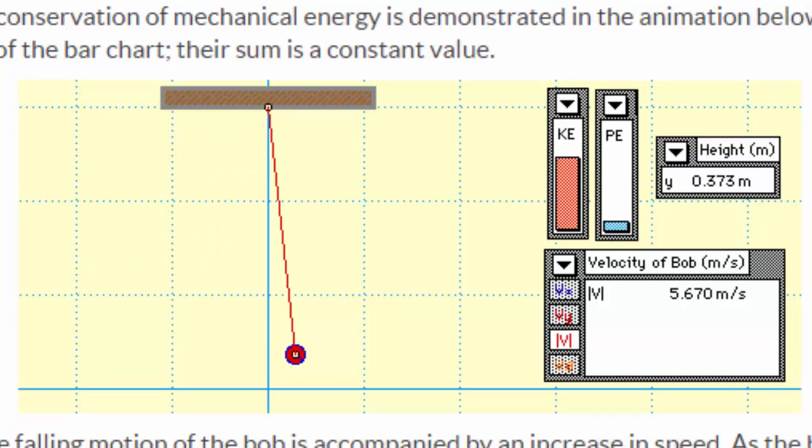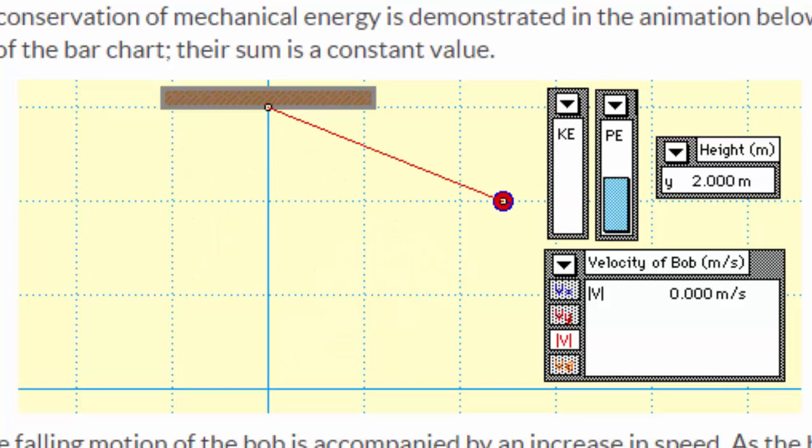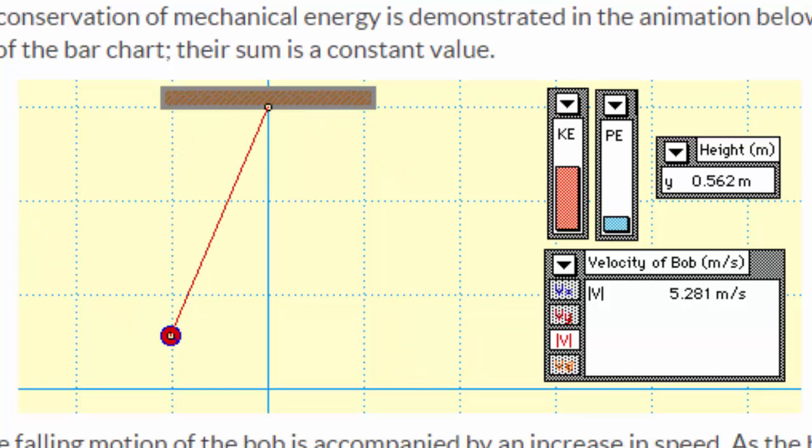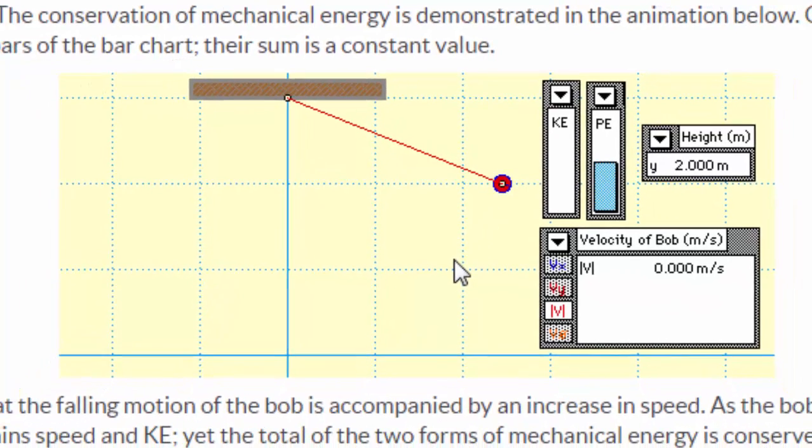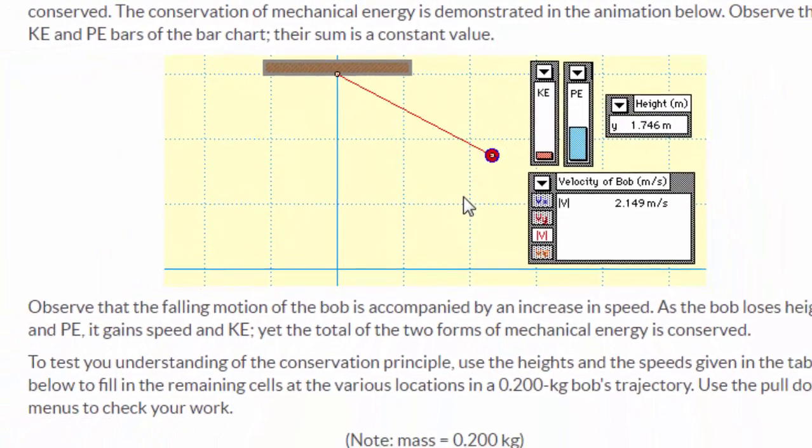Of course, air resistance will eventually change all the energy to thermal energy. So eventually we lose the gravitational potential energy and the mechanical kinetic energy to thermal kinetic energy due to the air resistance and the heat generated by the air resistance.